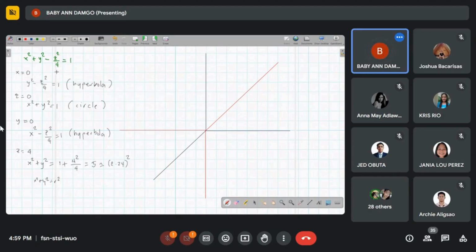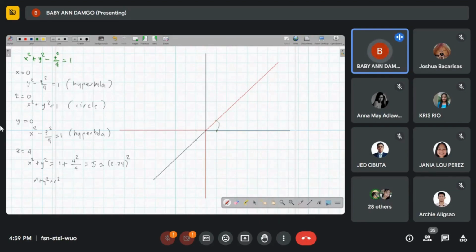Okay? So, ang first natong i-graph, pwede ning kaning circle. So, this one. When z is equal to 0. So, we have with radius 1, this is 1, 1, 1, 1.